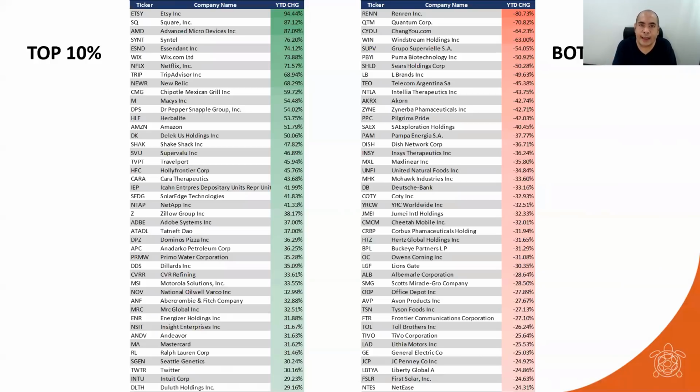So RENN, UTM, CYOU, WIN, SUPV. These are stocks that have fallen by more than 50% over the same year-to-date period. From here, you can already see which stocks would have generated a lot of alpha, and which stocks you should have prioritized over the past year.